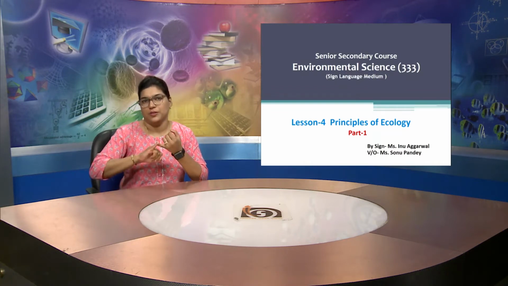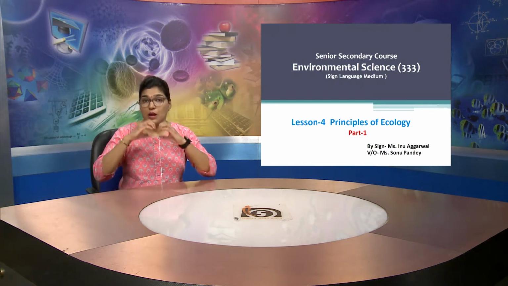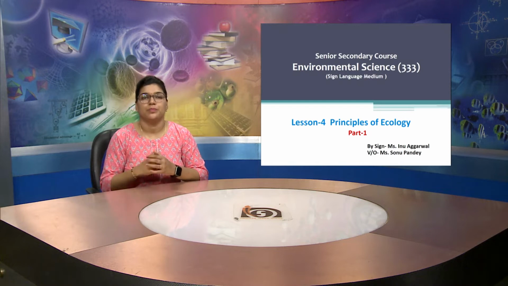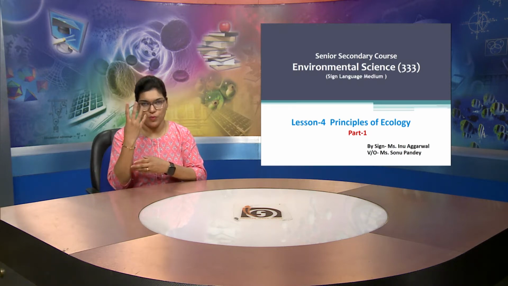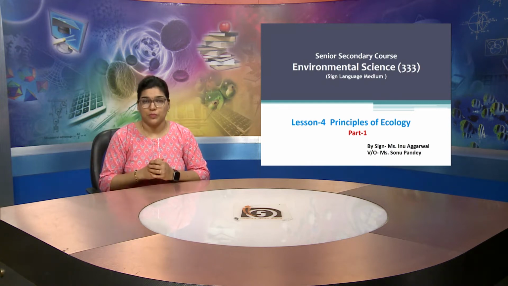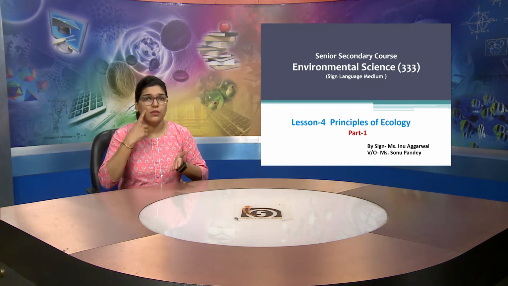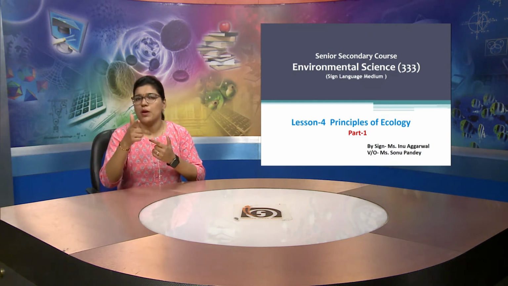Today's subject is EVS. Code number for this subject is 333. This is for senior secondary level. We are doing lesson number 4 and the topic of the lesson is shown on the screen. It is principles of ecology.